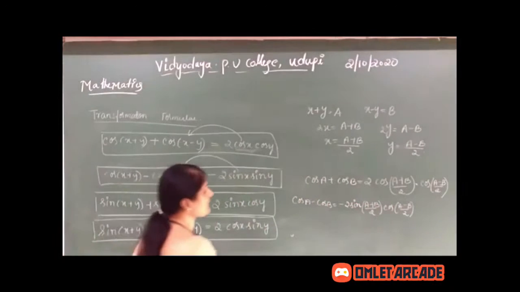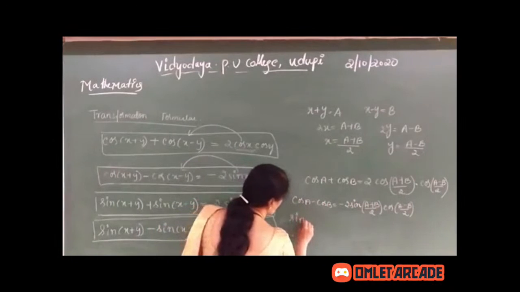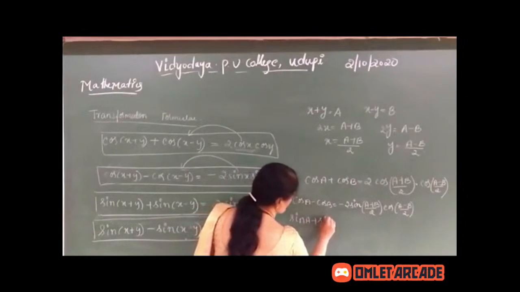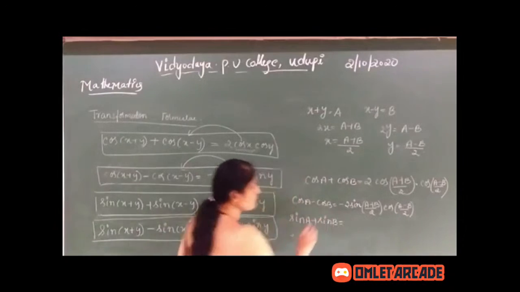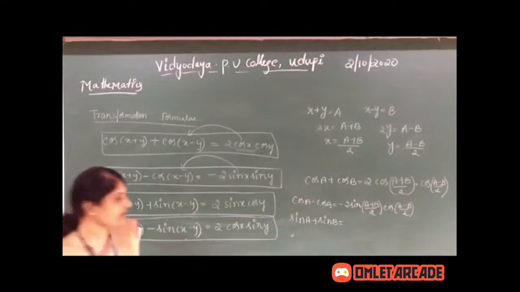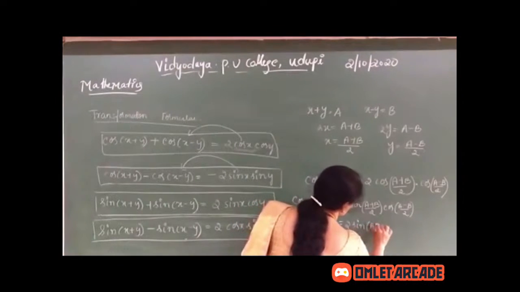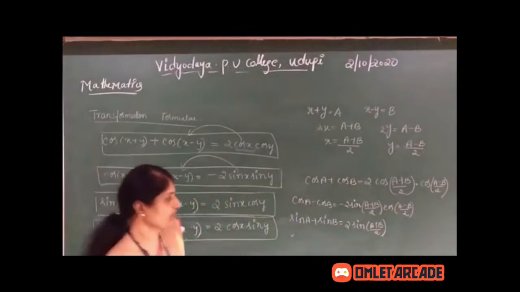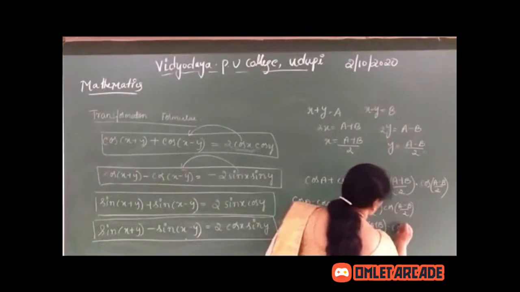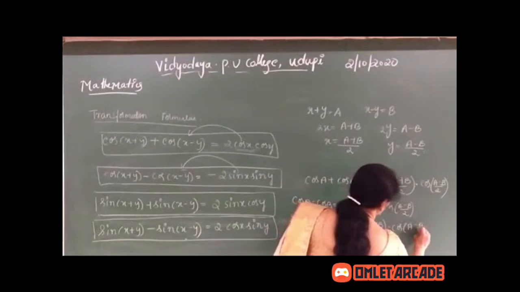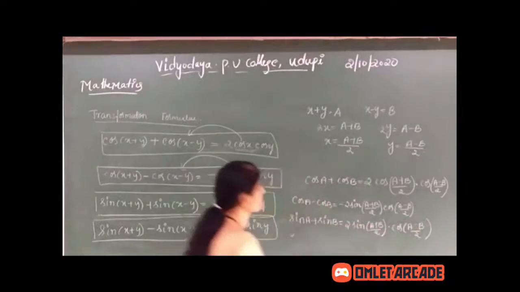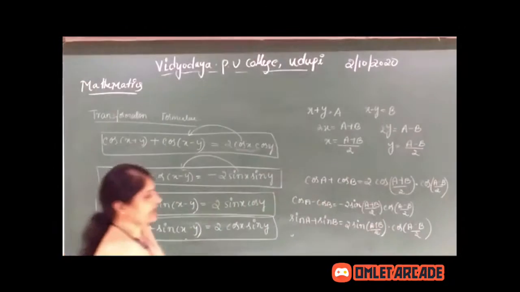Okay. So what about sin a plus sin b? We know that it is 2 sin x cos y. So it becomes 2 sin of half of the sum of the two angles, a plus b by 2, into cos a minus b by 2. Clear?